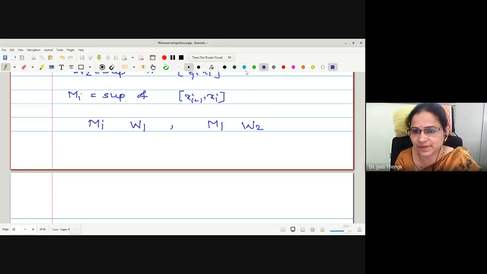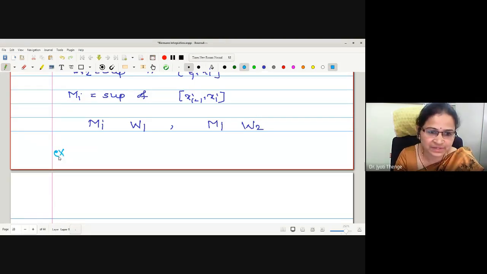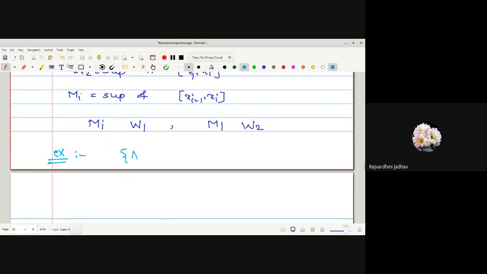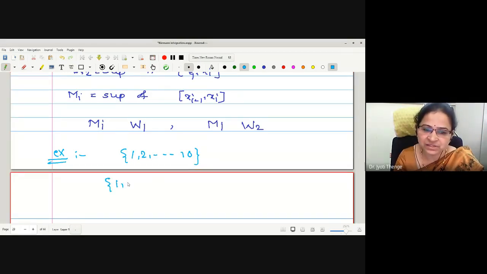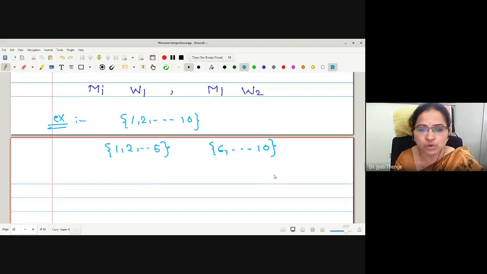Let us take the example again. Same example we will continue. Let me repeat the same example. If I consider the set 1 to 10, once I will consider the subset 1 to 5, and once I will consider the subset 6 to 10. Okay. And now we will note down the suprema value. What is the suprema of this interval, Mi? This is 10. What is the suprema if I consider this as a subset? 5.